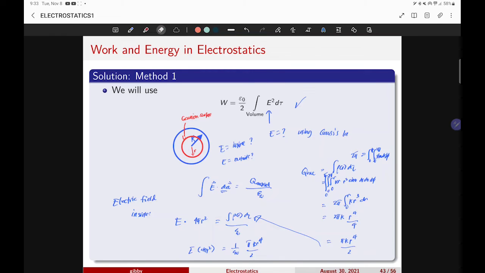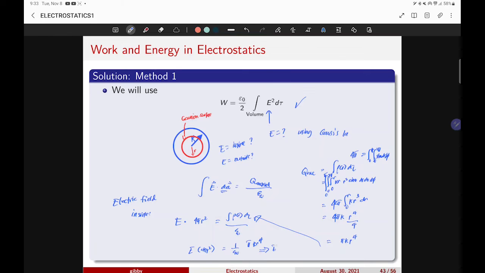This is actually 4 pi. This is 4 pi. So this is actually pi k r to the 4th. So, this is now equal to... To simplify this, it's a bit messy, but anyway, we'll try to squeeze it into the small space.